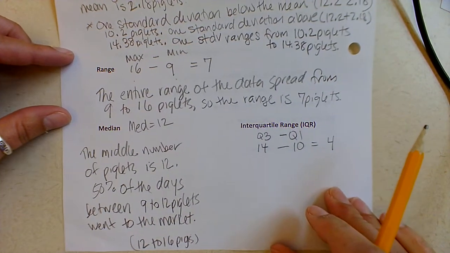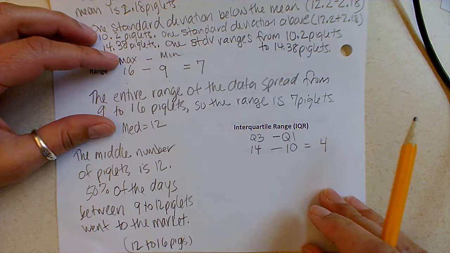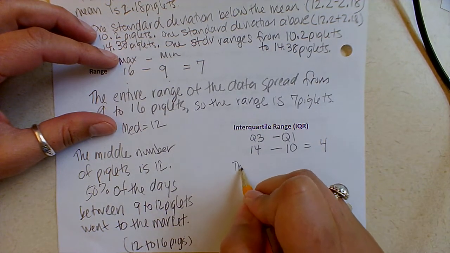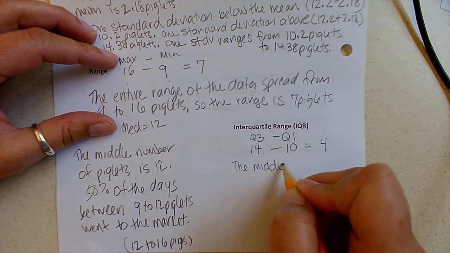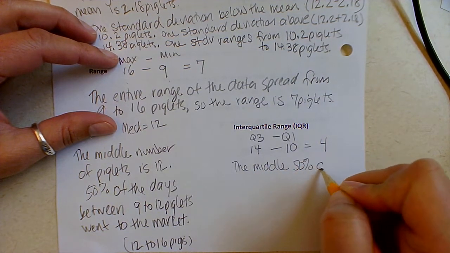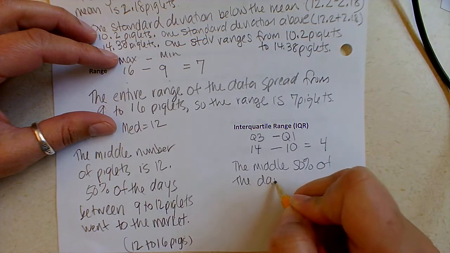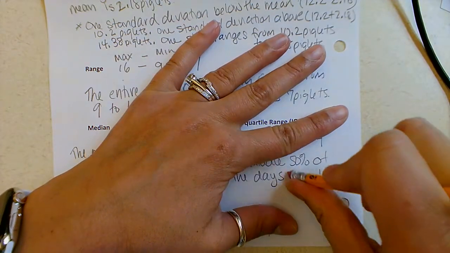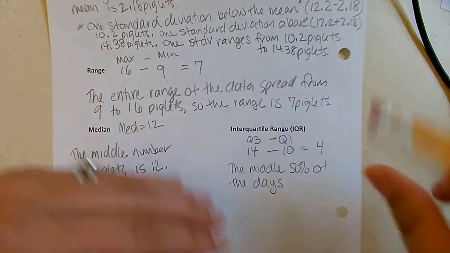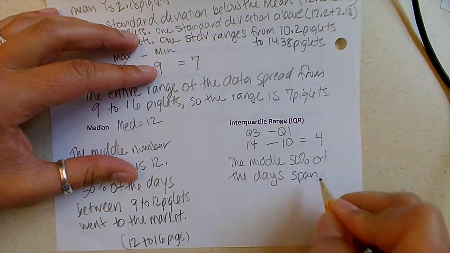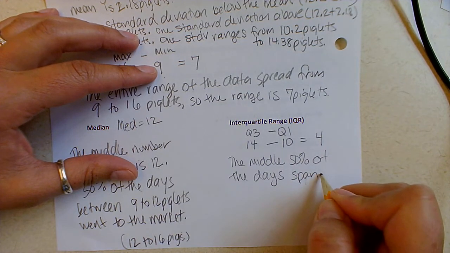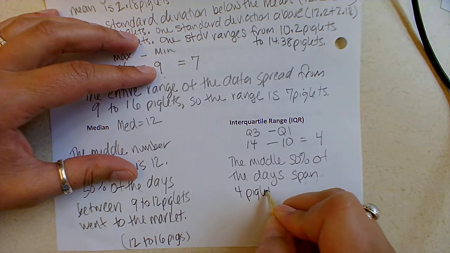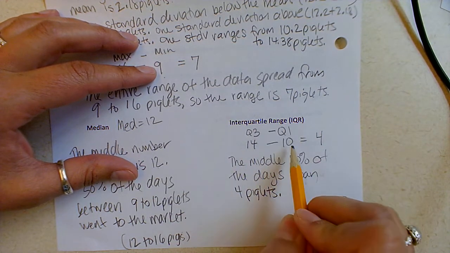Our interquartile range measures the middle 50% of the data. So the middle 50% of the days span 4 piglets, sorry, so between 14 and 10.